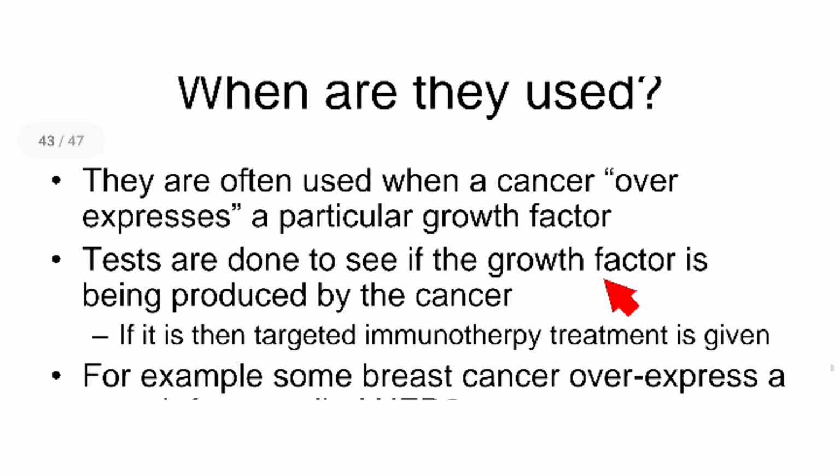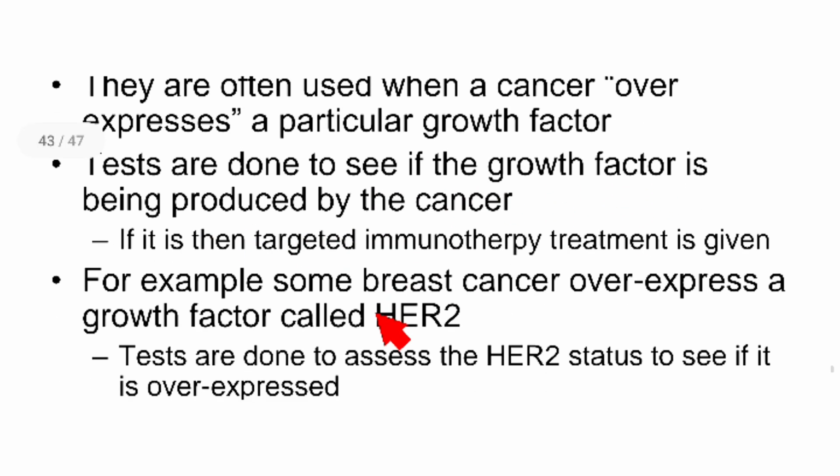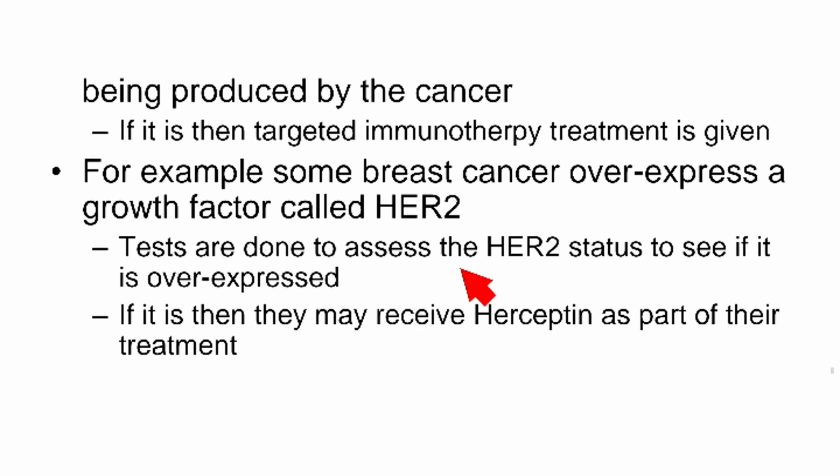When are they used? They are most often used when a cancer overexpresses a particular growth factor. Tests are done to see if the growth factor is being produced by the cancer. If it is, then the targeted immunotherapy treatment is given. For example, some breast cancers overexpress a growth factor called HER2.